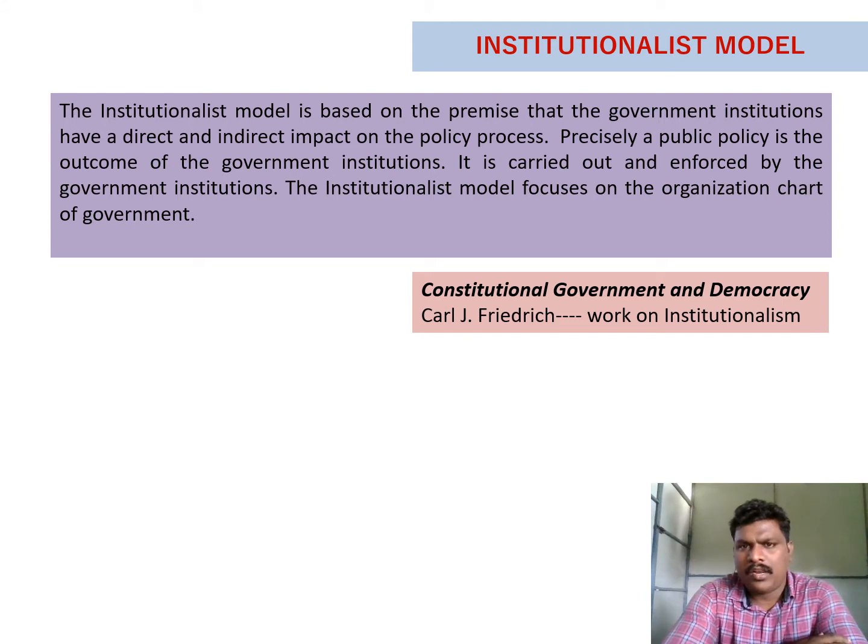The institutionalist model is focused on the organizational chart of government: how the government is organized, how it behaves, how it influences people, how the people are socially controlled by the institutions in the making of policies. That is the concern of this model. Carl J. Friedrich, in his book Constitutional Government and Democracy, is a major work on the institutionalist model.